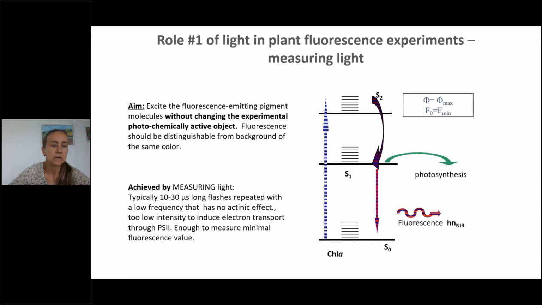Actinic effect here means that the intensity of the measuring light is so low that it's not inducing electron transport through photosystem II. The intensity of the measuring light is usually around 0.2, 0.5 maximum micromole per square meter per second. So this would be the measuring light for measuring the minimum level of fluorescence.